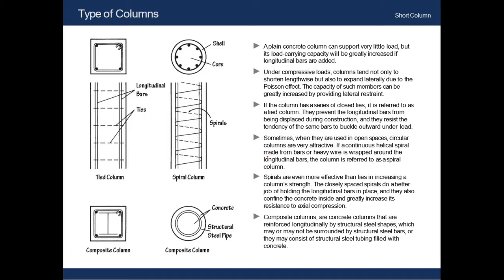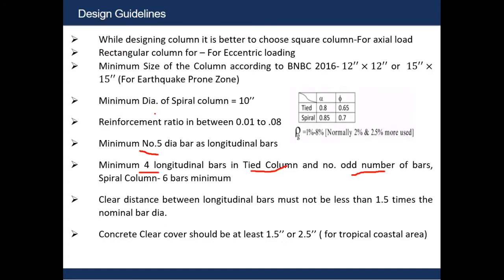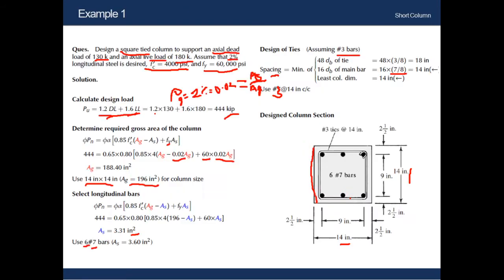To make it more clear, we can see here these are the lateral reinforcements or tie bars. For this example, the spacing of the tie bars should be 14 inch. We have got this from the minimum value of these 3.